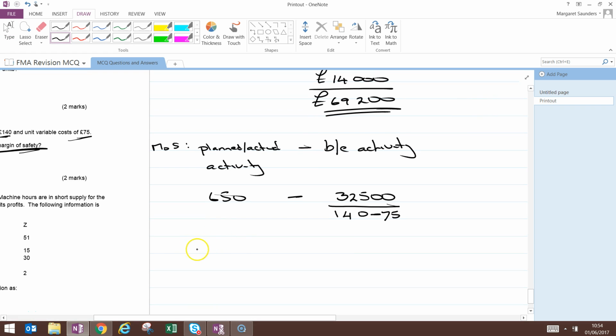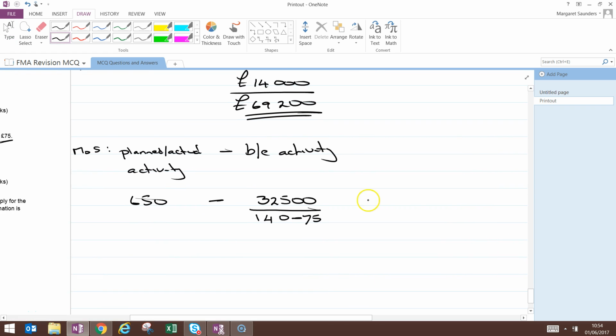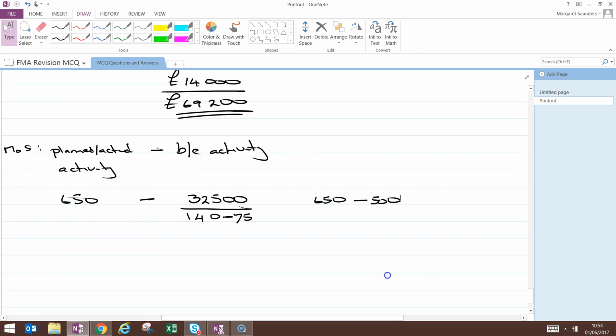So what we have is 650 minus, and if we work out our break even, that comes to 500. So our margin of safety, 150 units.